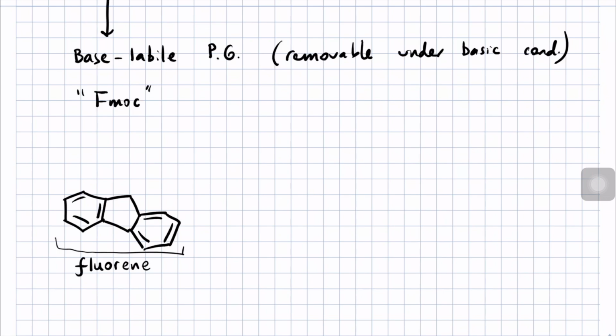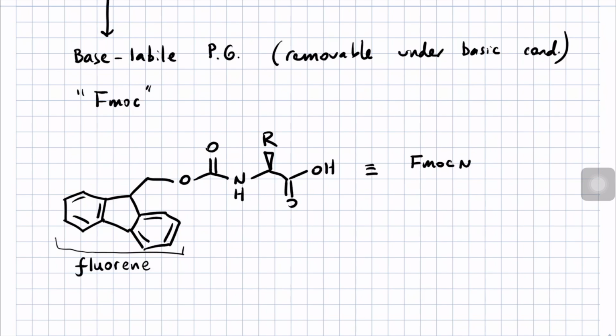For whatever reason, it's called fluorene. And then there's a methyl group on it, or sorry, a CH2 group. The CH2 group is attached to an oxygen. The oxygen is attached to a carbonyl, and then that carbonyl is attached to the amino group of your amino acid.